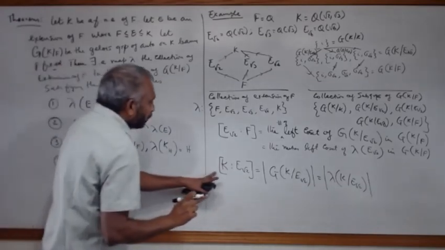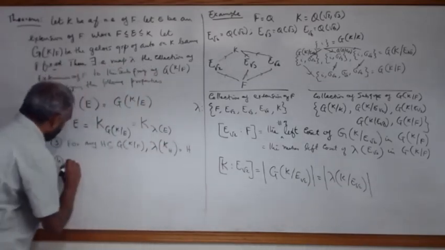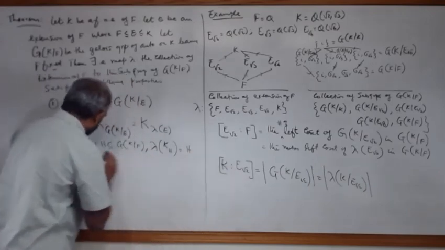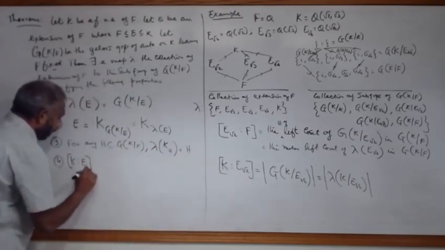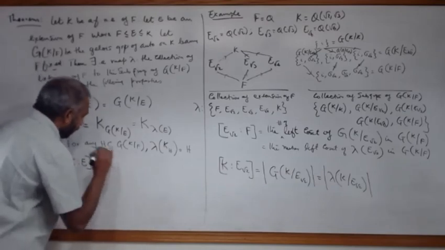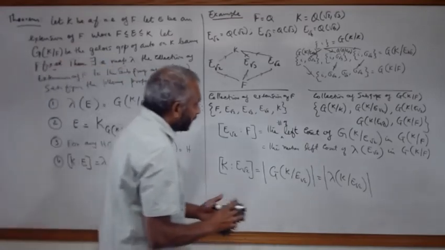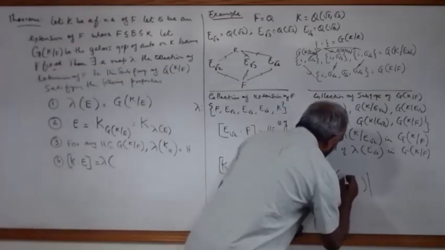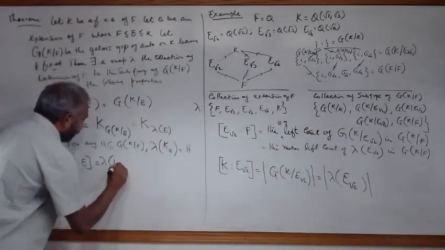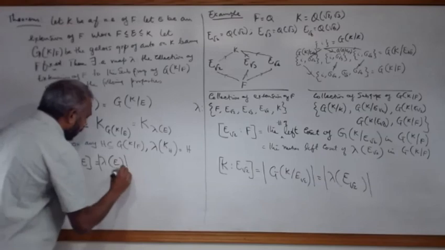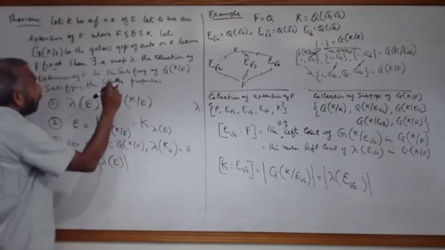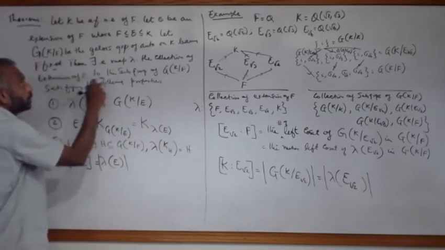So we are going to combine these two into the next step. So K over E, this is a general element. The index of K over E is equal to the order of lambda of E. Lambda goes from the collection of extensions to the subgroups.